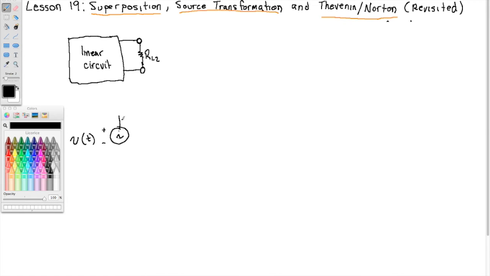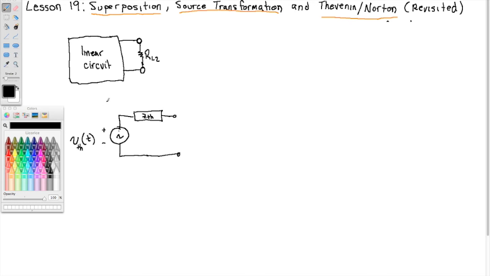Any linear circuit can be written as a voltage source in series with an impedance, and we're going to call this voltage source V Thevenin. Right, so any linear circuit can be reduced into this picture.